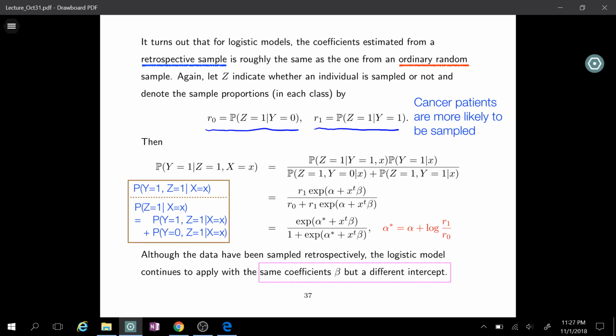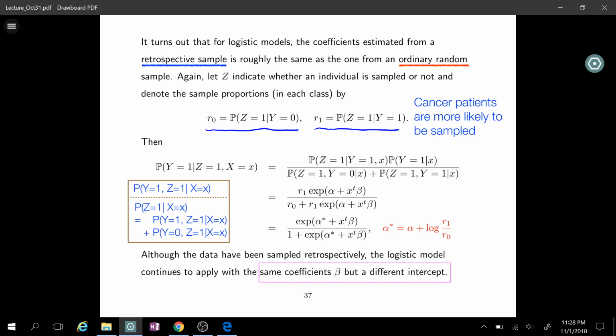In the usual IID sampling, when we collect our samples, meaning Z is equal to 1 or 0, the distribution of Z has nothing to do with outcome Y. So R0 and R1 should be the same. But in the retrospective sampling scheme, they are different. For example, consider a rare cancer disease. Then we would expect the cancer patients to form a much smaller population. So apparently cancer patients are more likely to be sampled, and R1 is bigger than R0.